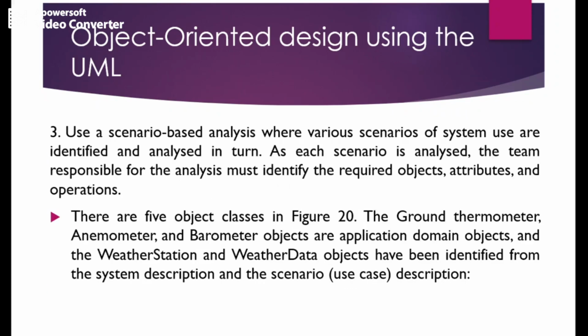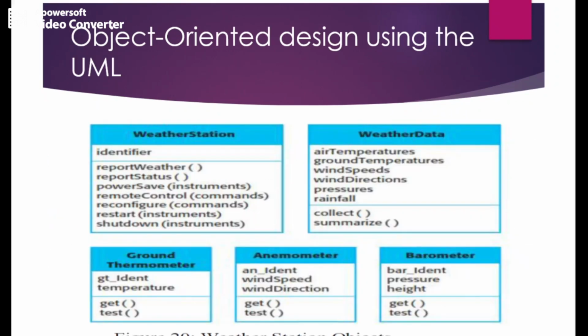Okay, we'll take one example. You can see here weather station objects. So we have one class weather station, another one weather data, another one ground thermometer, anemometer, barometer. At the top section we have the attributes.